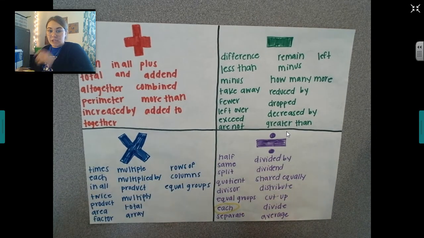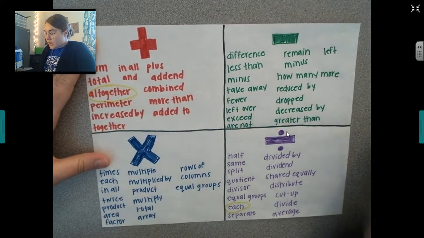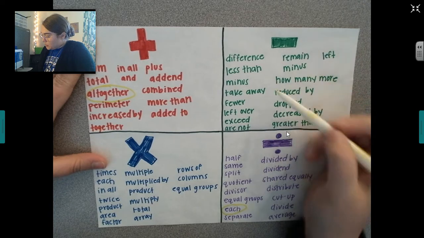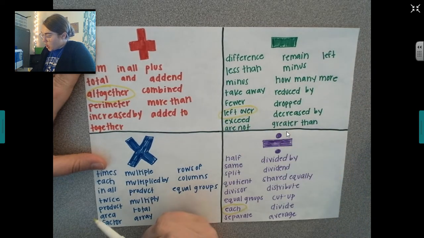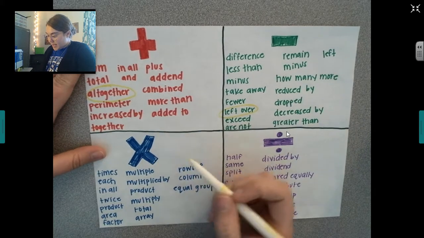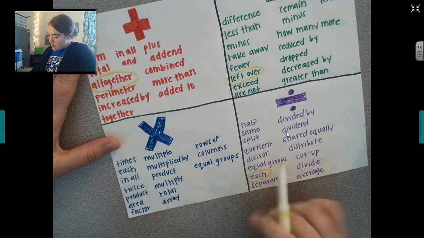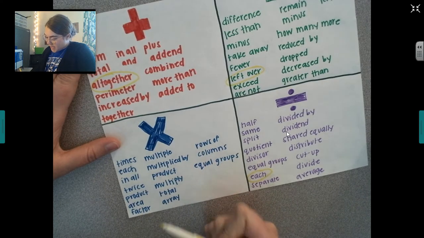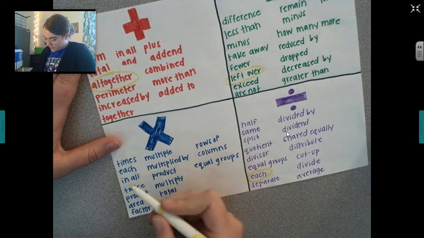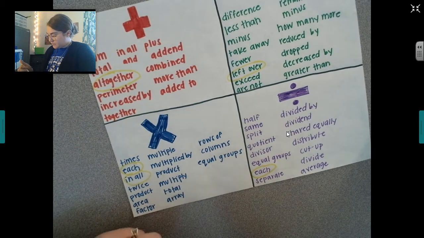For addition, I always see all together. For subtraction, I see left over. I also see maybe fewer, less than. But multiplication, sometimes I see each, and that's going to get you. But most of the time, I see each, and I see maybe in all.